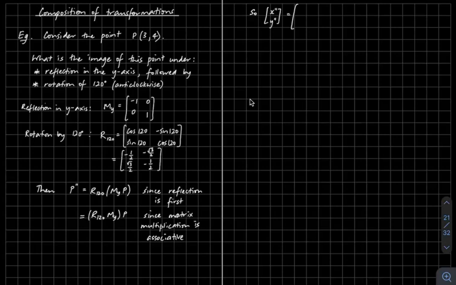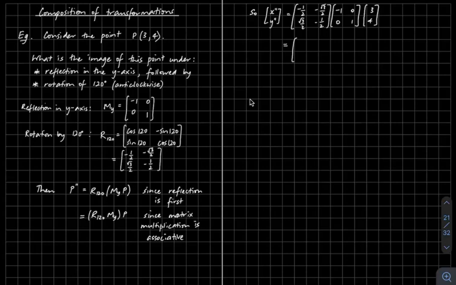So subbing in here, our R120 is negative a half, positive root 3 over 2, negative root 3 over 2, and negative a half. Our reflection matrix, negative 1, 0, 0, 1. And then our starting point coordinates were 3, 4. So I'm going to multiply these first two matrices together first.